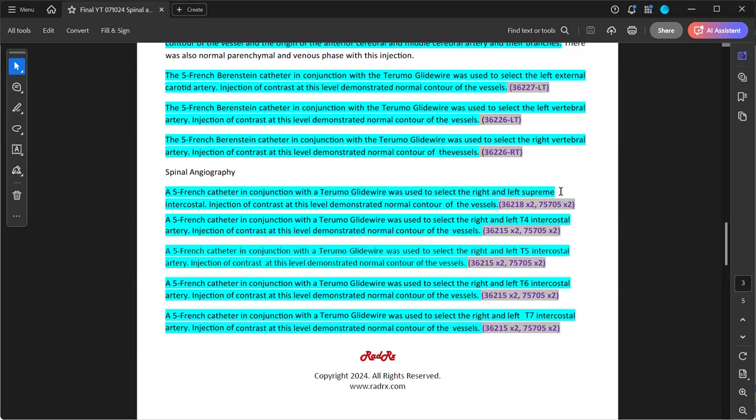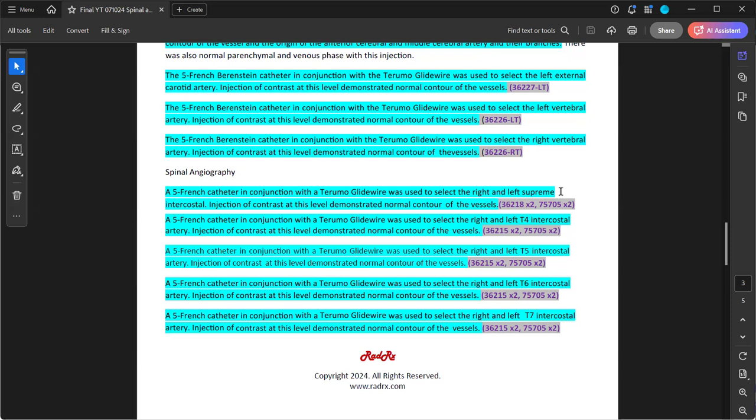And then you'll see for imaging of the right and left supreme intercostals, I still noted 75705 times 2. Now, some may say that those should be coded with 75774 times 2 because we used 36218, and normal convention would be that with 36218 in the setting of using 36226, we would use 75774 for those vessels.